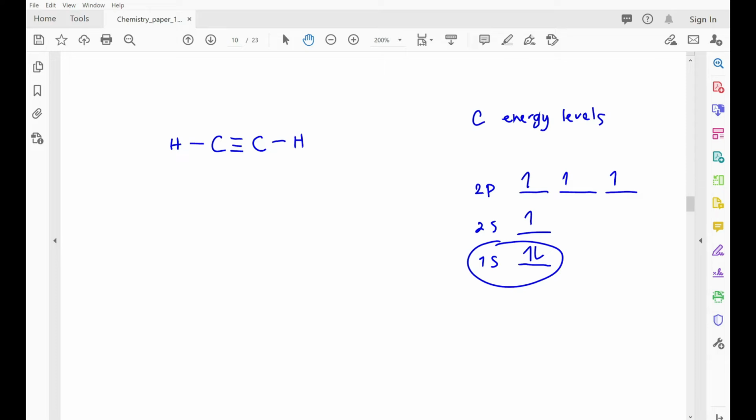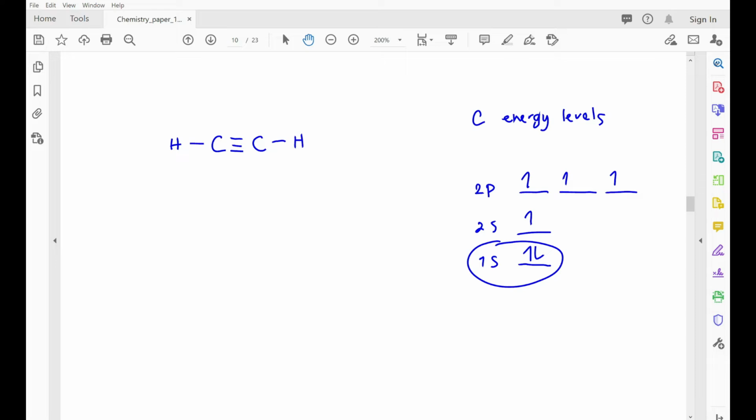Now the valence electrons are in energy level 2, and one of the electrons has been excited to the 2p orbital, right? Forming 4 orbitals with single electrons each so that carbon can form 4 covalent bonds in total.